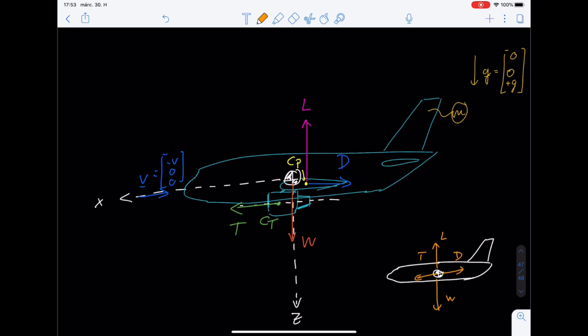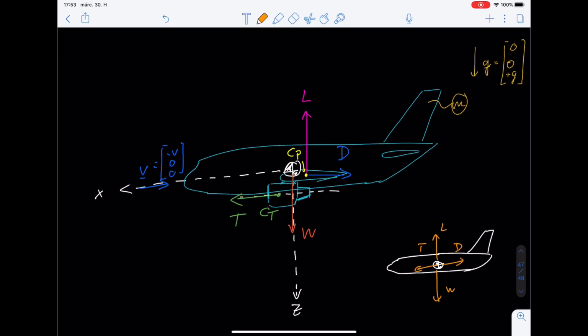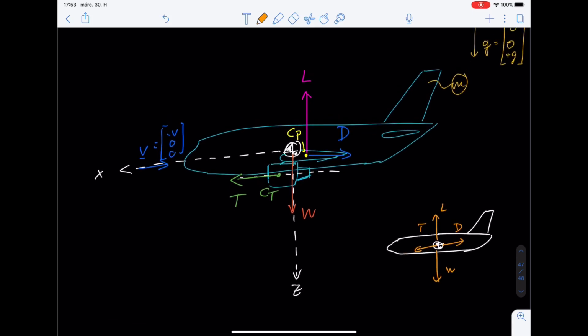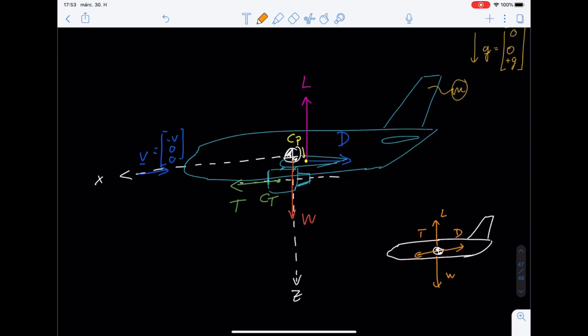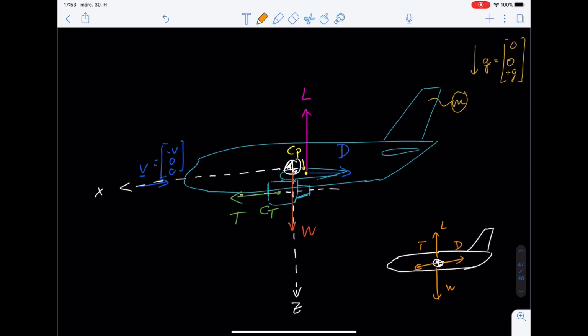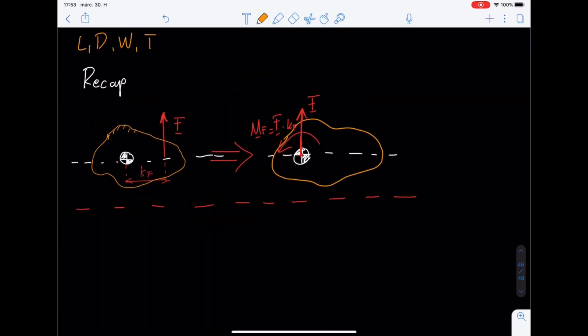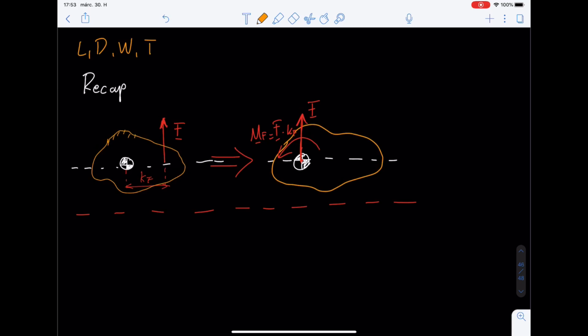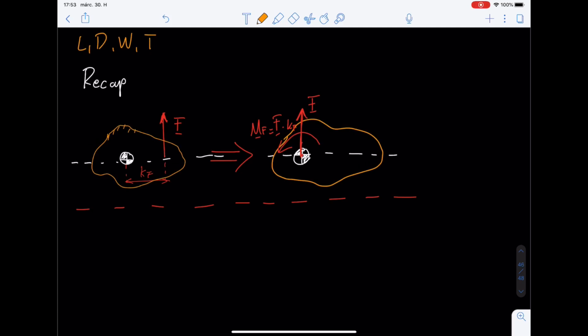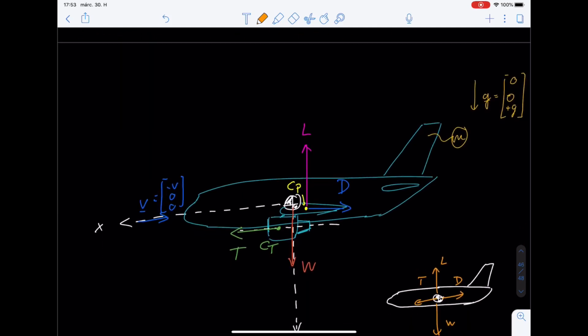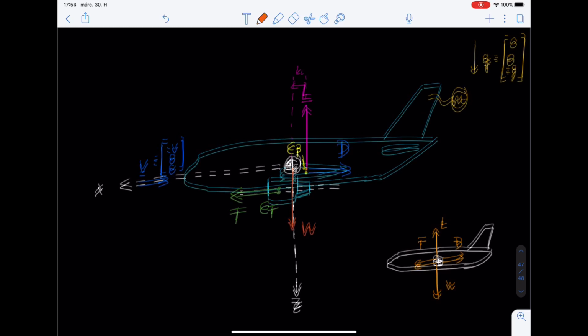So it's not that simple of a case. In reality, we can presume these forces to be acting in different points. So therefore, we can simplify by moving the forces, or dislocating the forces, into the center of gravity, but in that case, we need to take the moment that they generate into account.